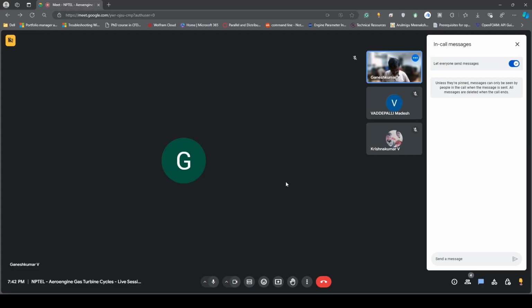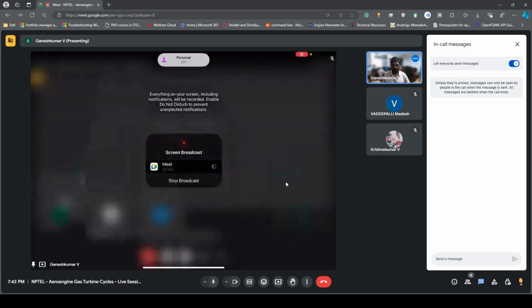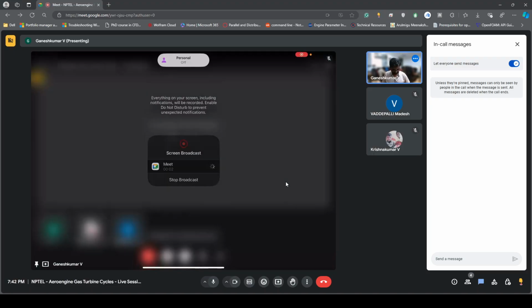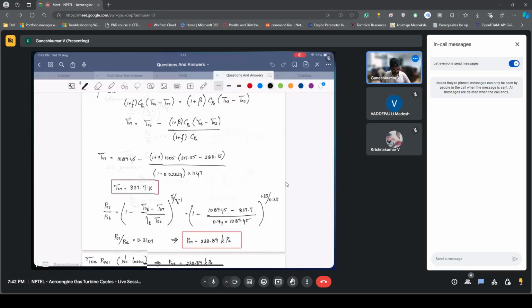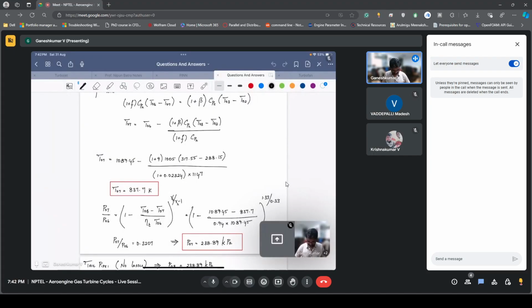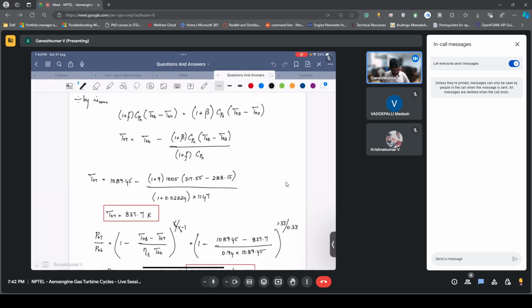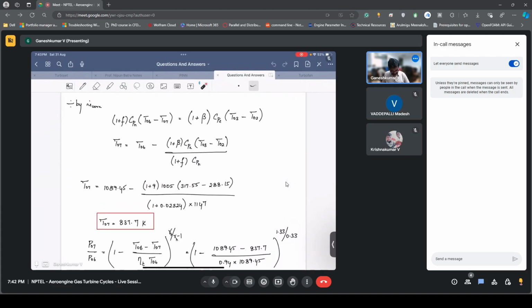Share screen. All right. So actually, I've solved it here, where we have 1089.45 times 1 plus 9, which is beta, and then you have 1005.